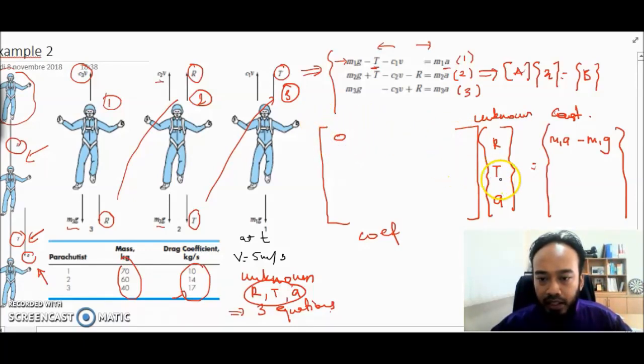Is there anything multiplied by T? Yes, it's minus 1. And is there anything multiplied by A? Yes.